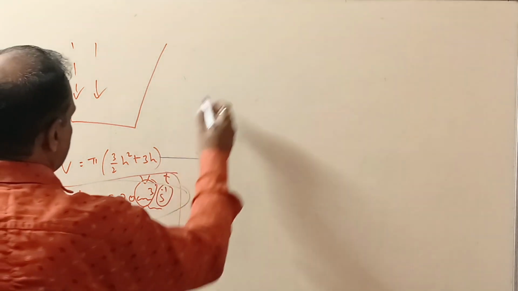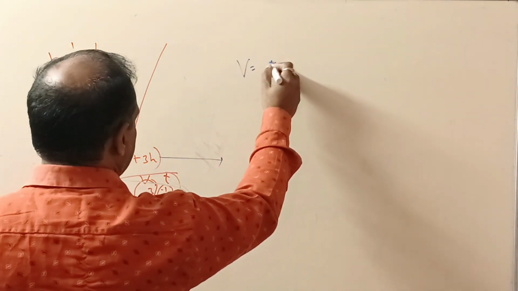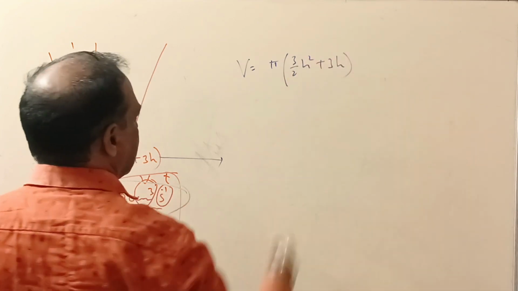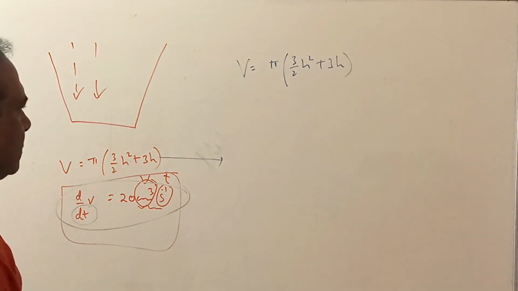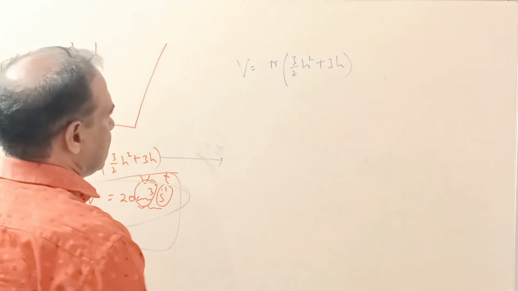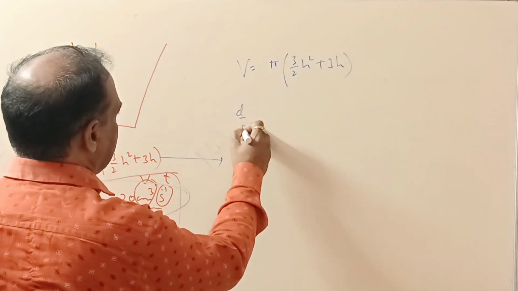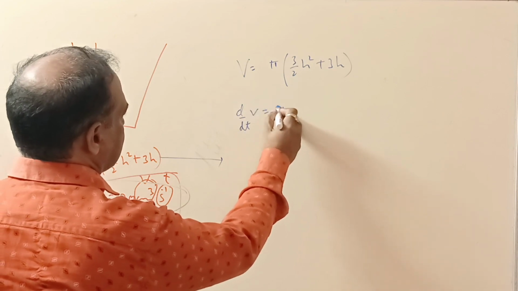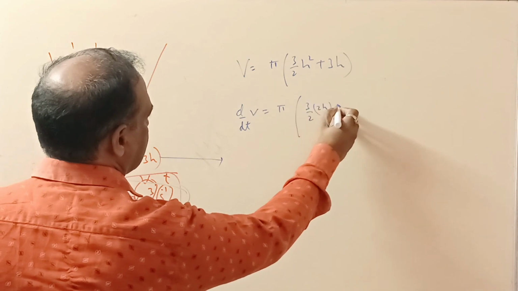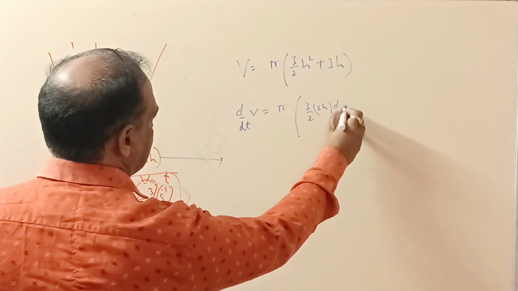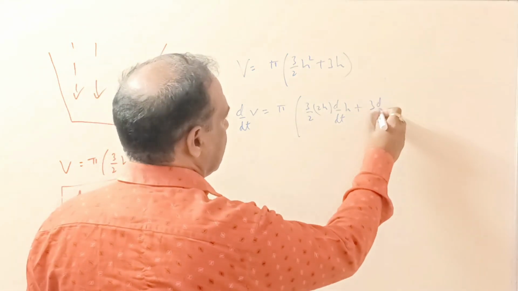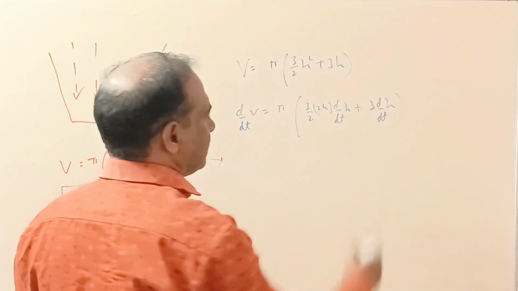Now what we can do is, we have volume equal to pi times 3 by 2 h square plus 3h, and if we differentiate this on both sides with respect to t, and not taking h as a constant, we will have d by dt of v equal to pi times 3 by 2, this is 2h, and here I will have d by dt of h plus 3 times d by dt of h here again.